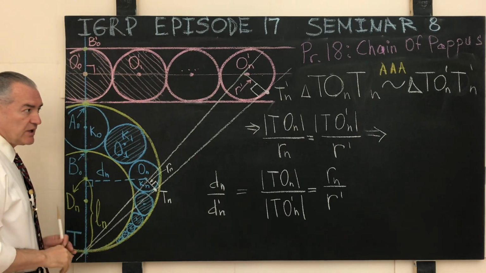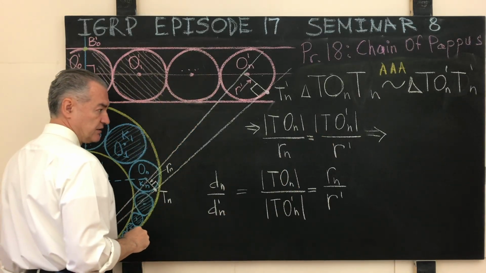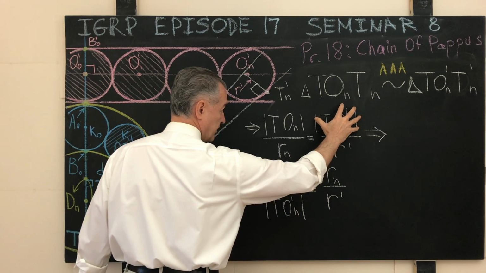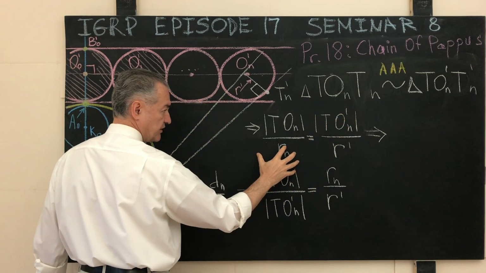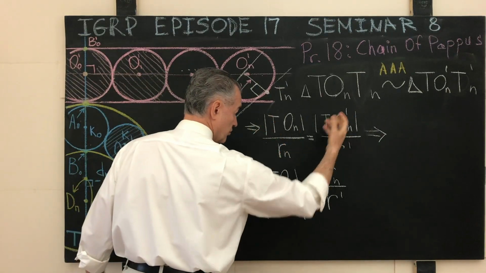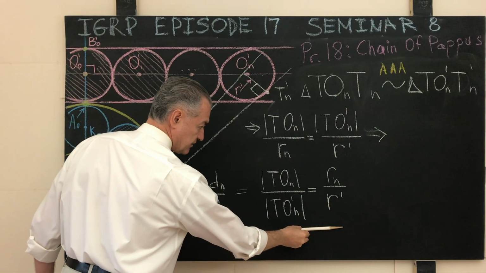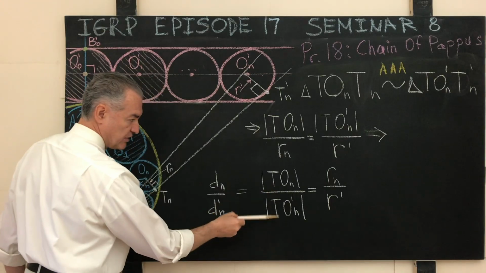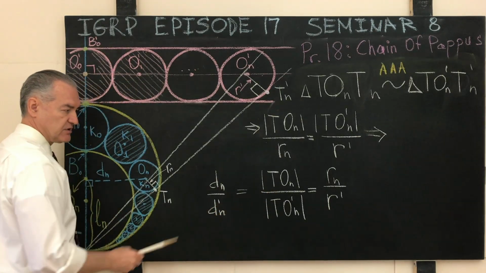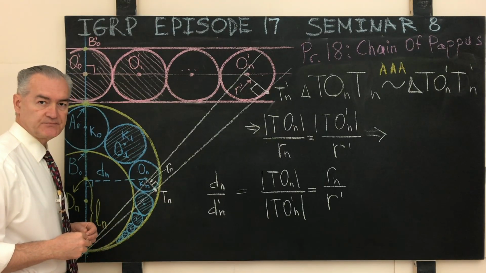And from this proportion, this time, we move the numerator of the right hand side into the denominator of the left hand side, and conversely the denominator of the left hand side into the numerator of the right hand side, and we obtain this proportion. And in the previous segment we just proved the ratio of the same sides shown on the left, and now we can do the following manipulation with this result.